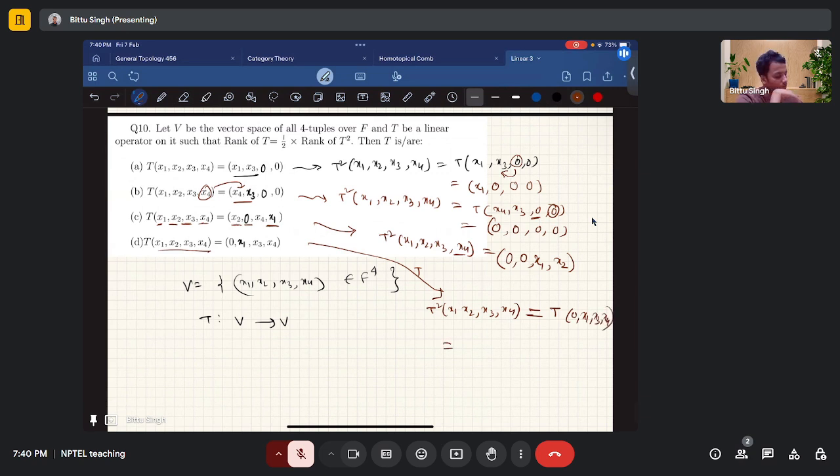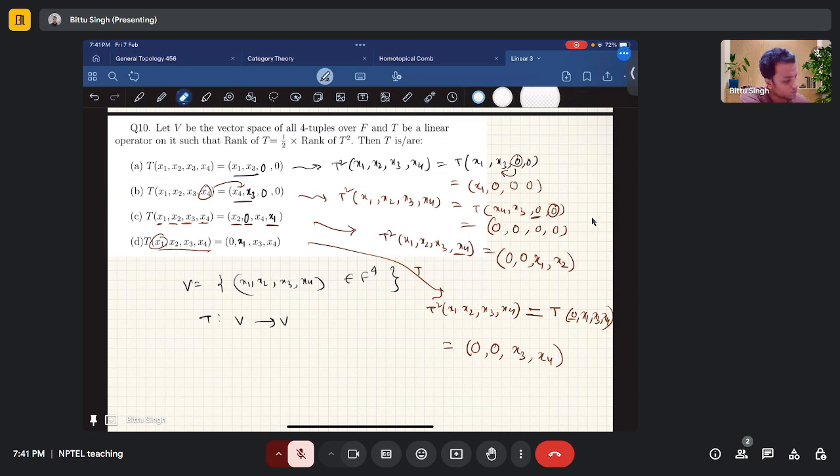But by definition of this T, x1 goes in the second place. So here x1 is 0, the second place becomes 0, and the first place is 0 by default. Now x2 does not go anywhere. x3 stays in the third place, x4 in the fourth place. So x3, x4 remain in the same place. So those are T square.